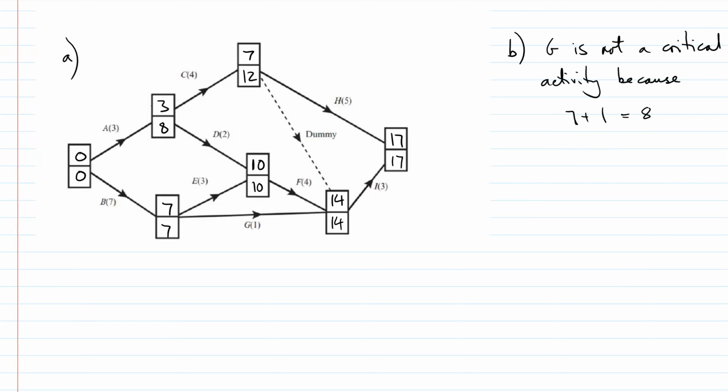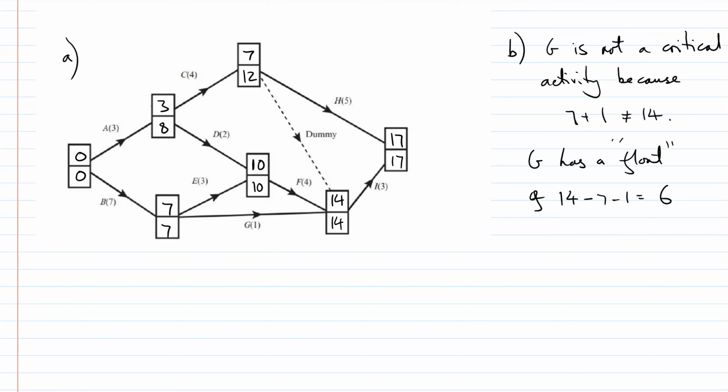And what we can actually do here is say G has what we call a float of, and you can do the late finish time minus the activity and the event start time, so minus 7 minus 1, which gives us 6 overall. So G can actually be moved around by 6 here.